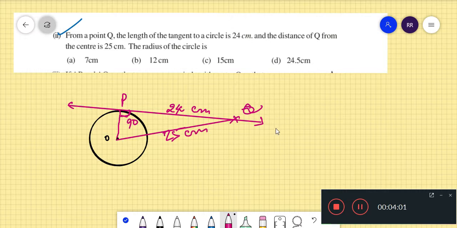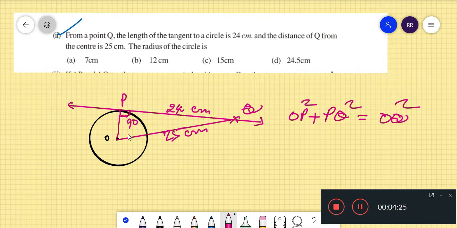According to that, OP square plus PQ square is equal to hypotenuse square, that is OQ square. Okay children, the side opposite to the 90 degree angle is called the hypotenuse. Always it becomes the hypotenuse.